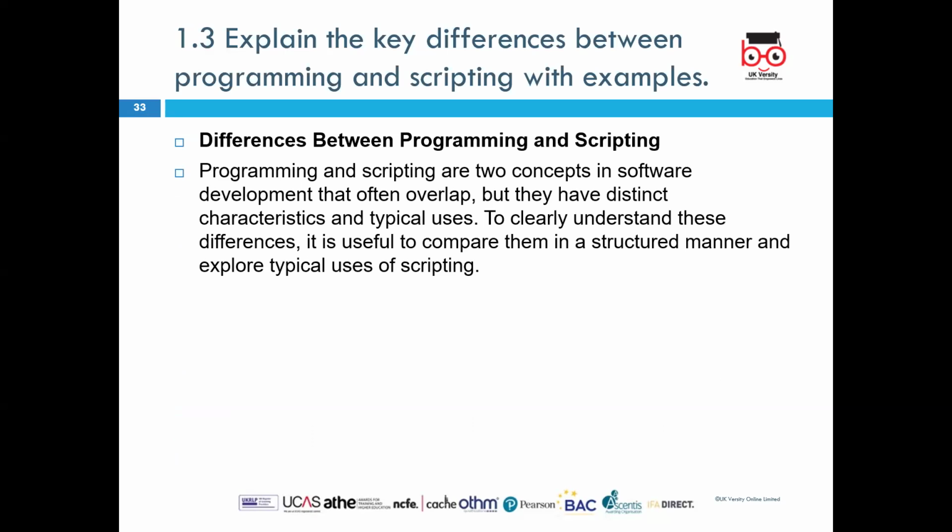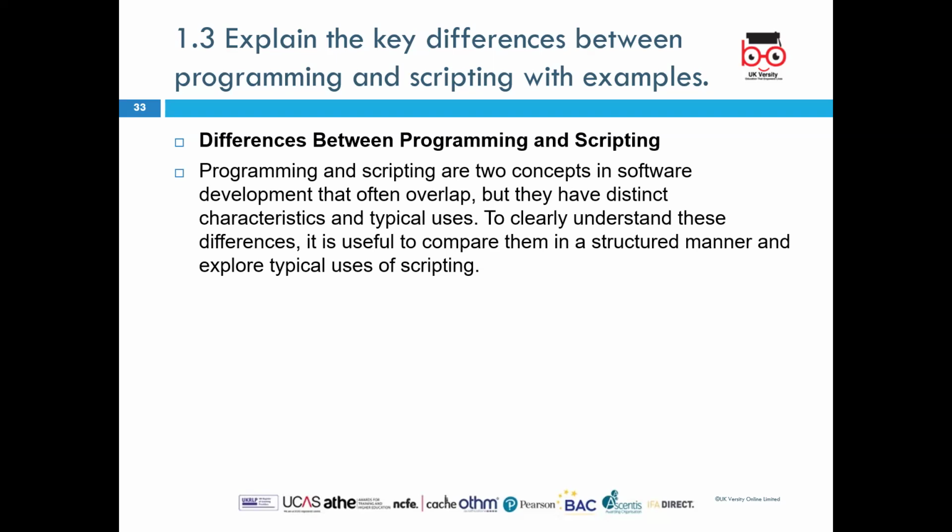Now we're going to explain the key difference between programming and scripting with examples. As our definition says, programming and scripting are two concepts in software development that often overlap, but they have distinct characteristics and typical uses.